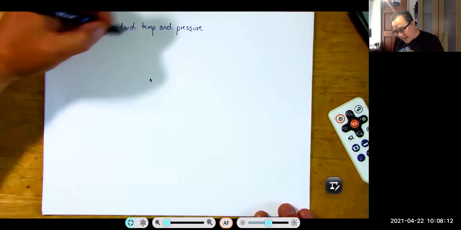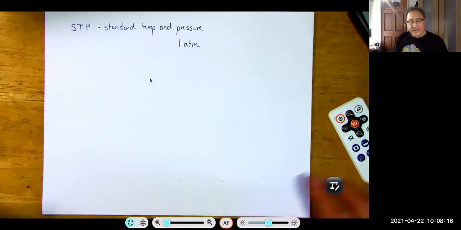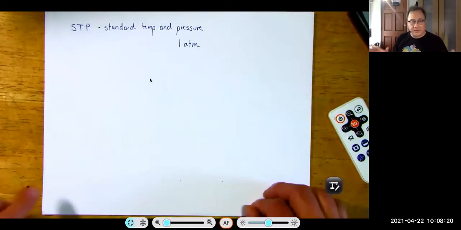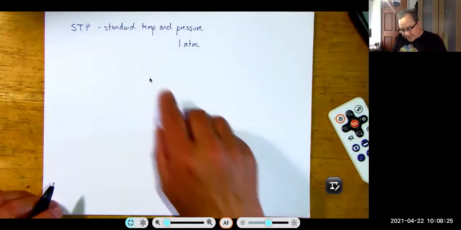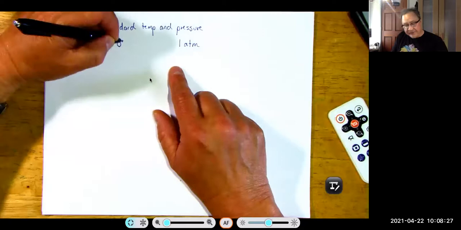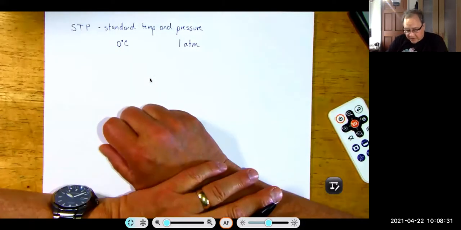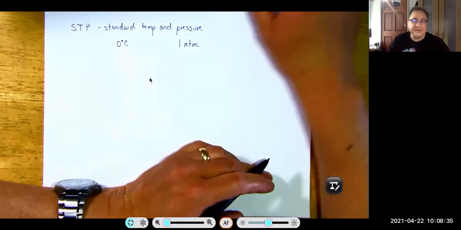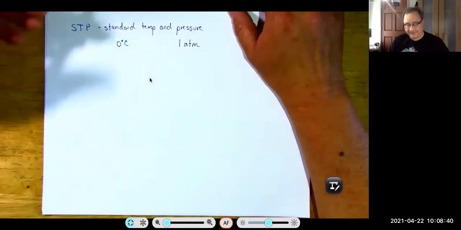So the pressure is 1 atmosphere. And notice I don't have 1.000. It's 1 exactly. This is a definition. We're defining STP as 1 atmosphere exactly. The temperature is defined as 0 degrees Celsius exactly. That's kind of interesting, that the standard temp is 0 degrees Celsius instead of, say, room temp.